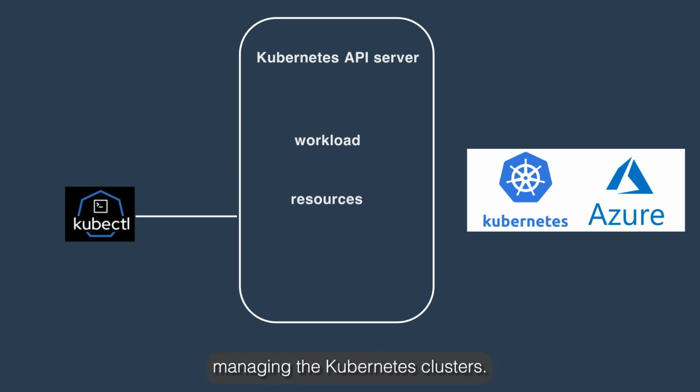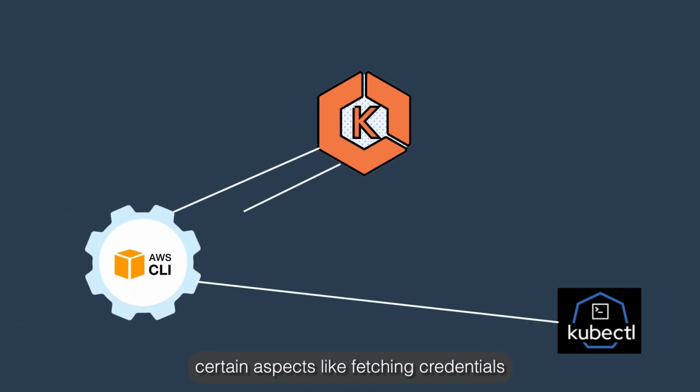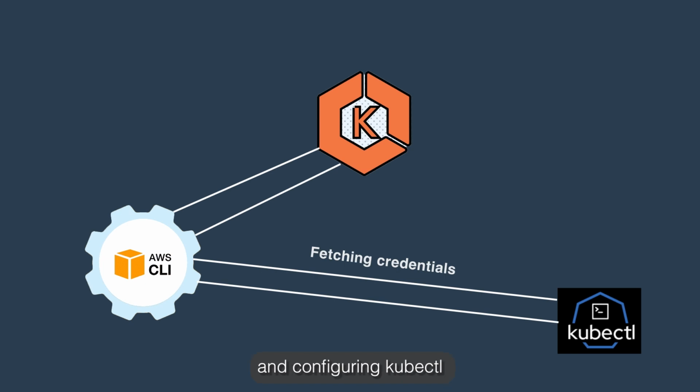maintaining a consistent experience managing the Kubernetes clusters. However, when working with EKS, Kubectl does rely on the AWS CLI for certain aspects like fetching credentials and configuring Kubectl for interaction with the EKS cluster.